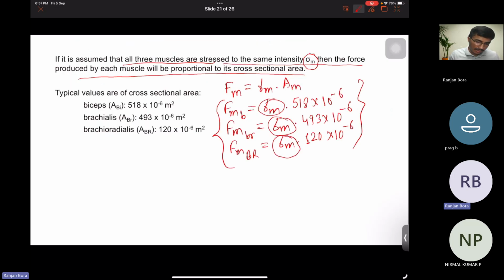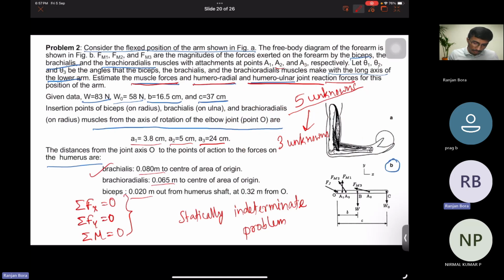Next, the other two muscles. Brachioradialis is represented by A3.